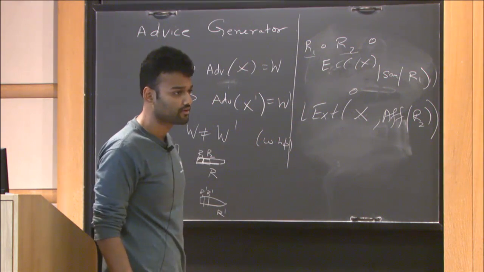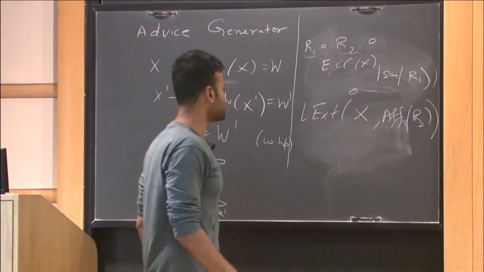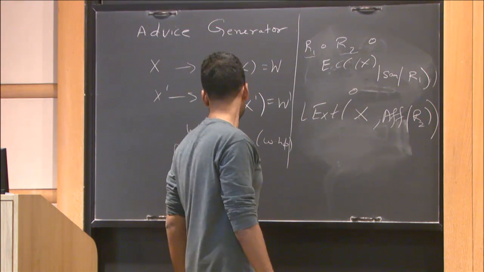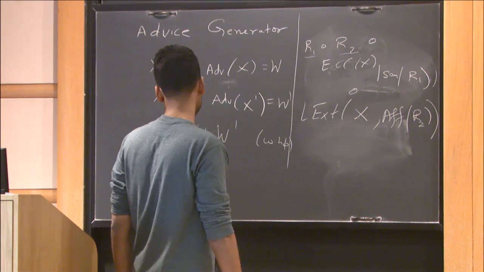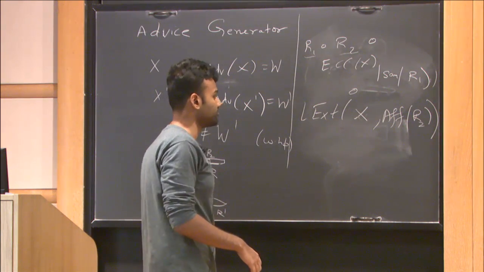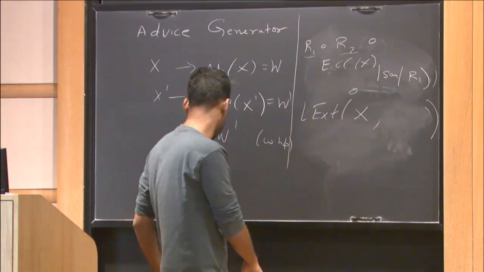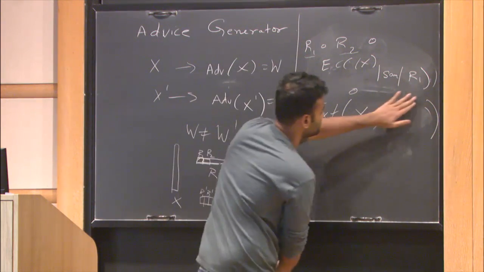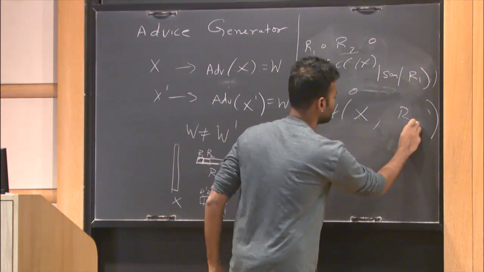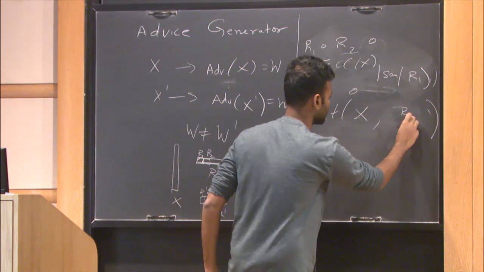Why do you need an affine extractor on r2? Because we only care about the case where it's uniform. Oh yeah, for this case, you don't actually need it. Yeah, in the sampling extractor, I think you need it.